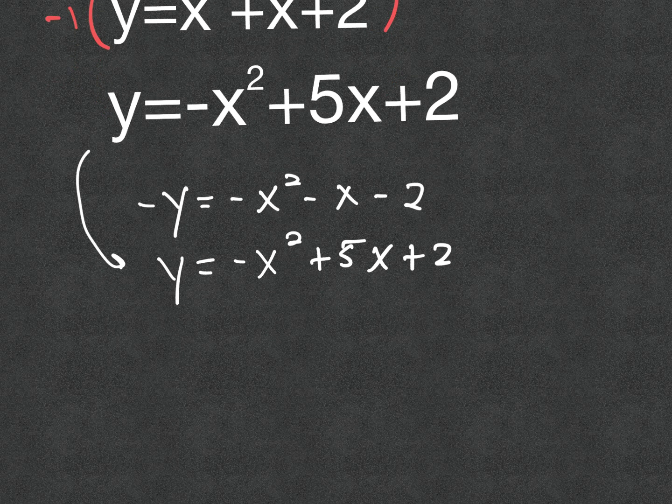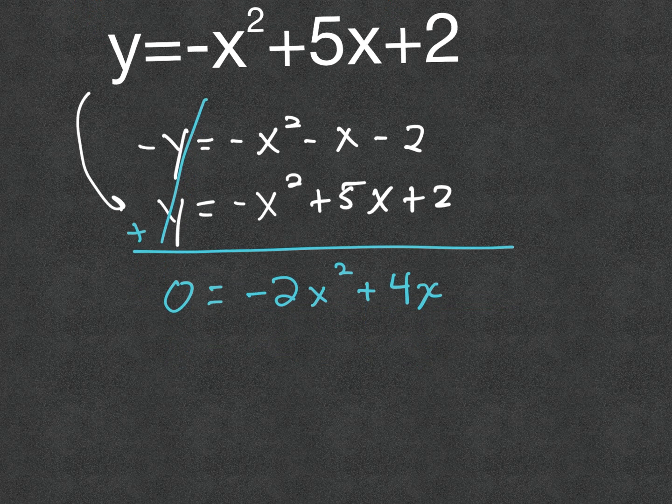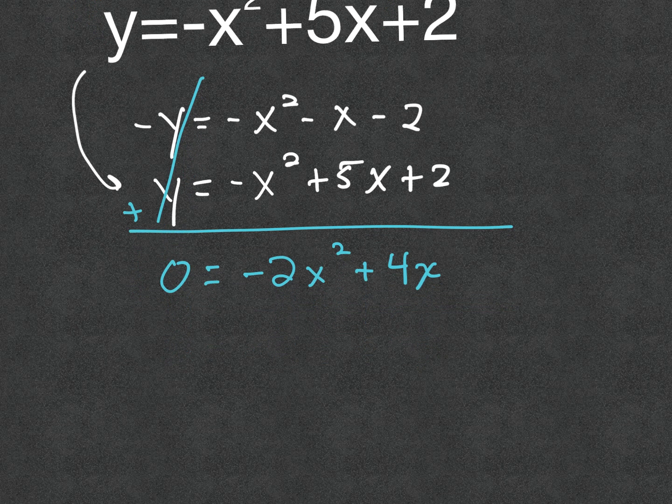Now, for elimination, I need to add the two together. The y's cancel. Voila. I have 0 is equal to negative 2x squared plus 4x. Now, what I need to do here is divide, but don't divide by x; you could factor out.